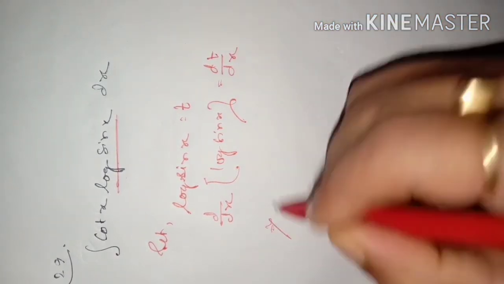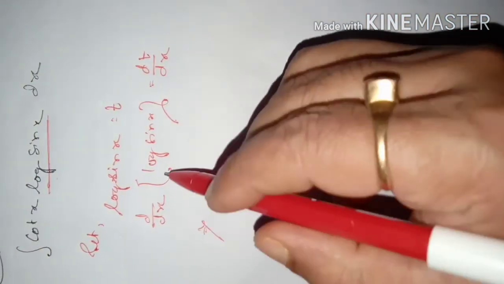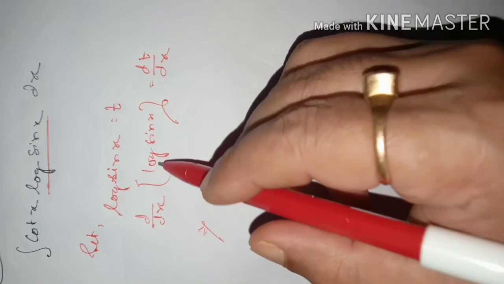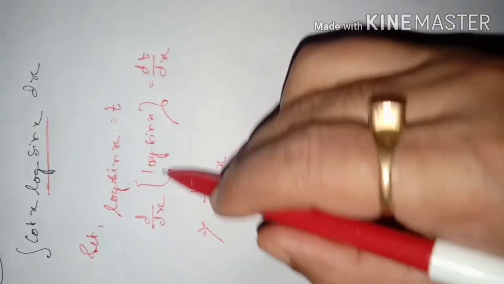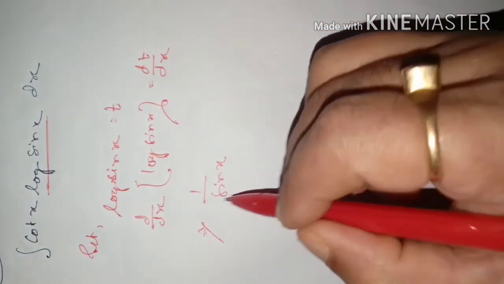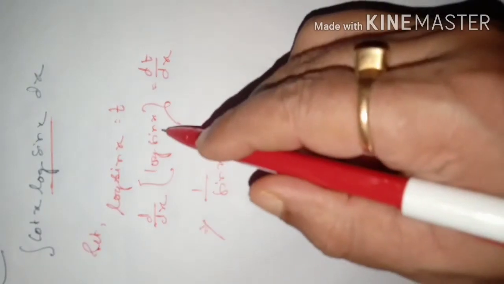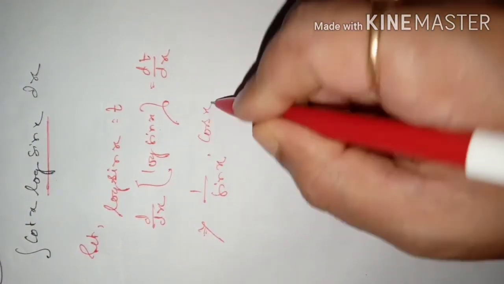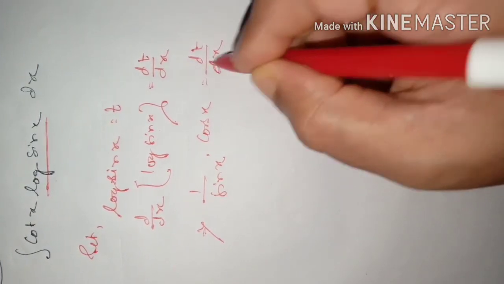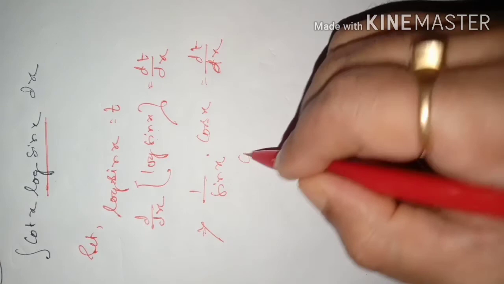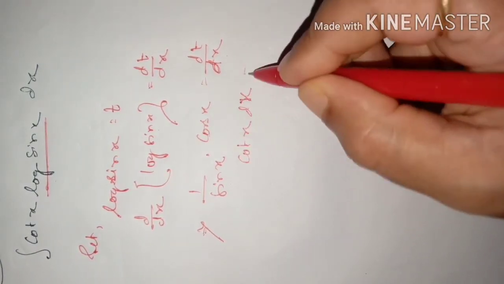And as you know, by taking the derivative by chain rule, it will be 1 by sin x first, no? Because the derivative of log something is always 1 by that variable into, again by chain rule, d by dx of sin x is cos x, is equal to dt by dx. So cos x by sin x is cot x, and this dx comes here, cot x dx is equal to dt.